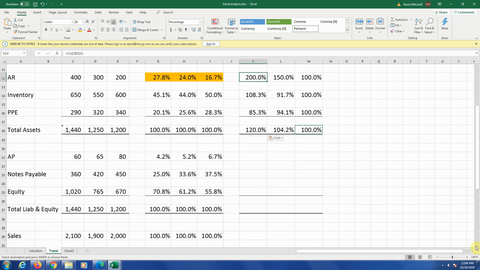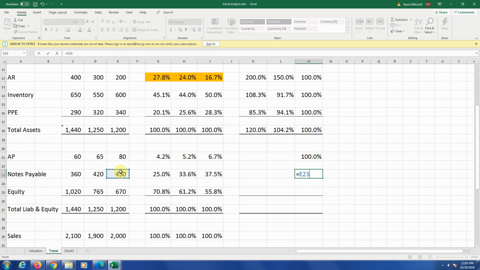Okay, so then we're going to do the same thing for the liabilities and equity accounts. And I'm just going to do all the rest of 17 first, so I can do one big copy and paste.